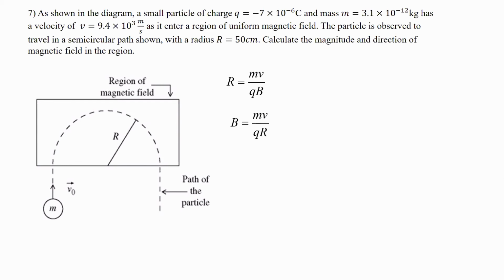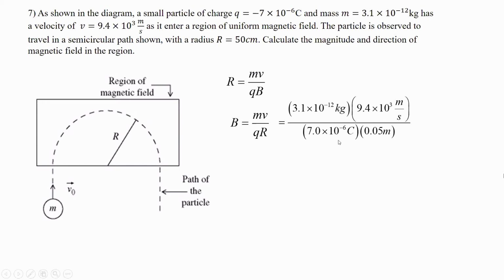Pretty much we have everything we need at this stage. So the mass is given to us, also the speed or the velocity and the charge.